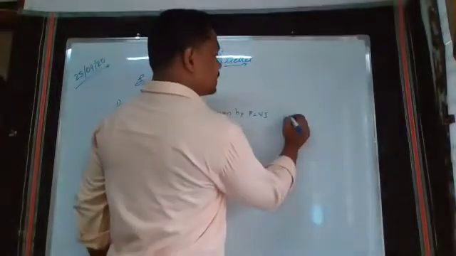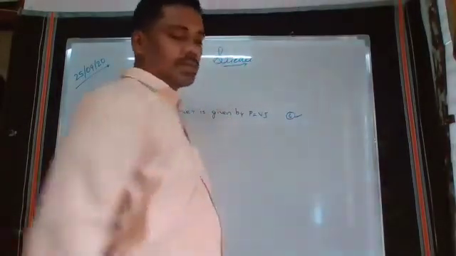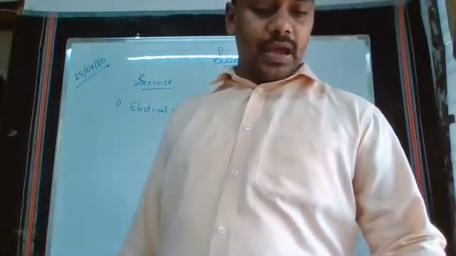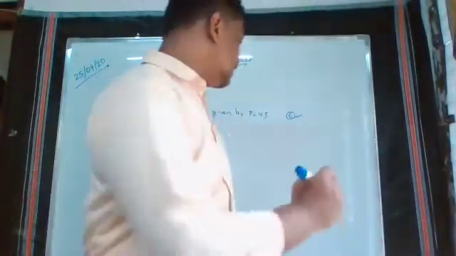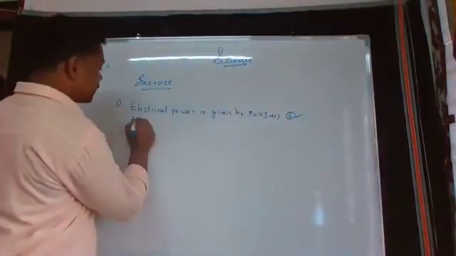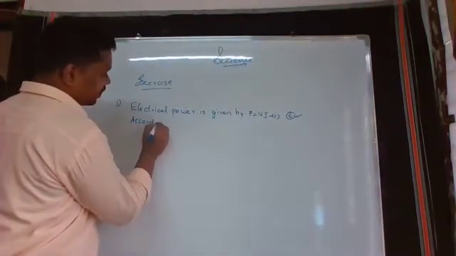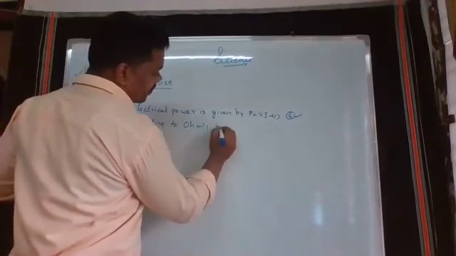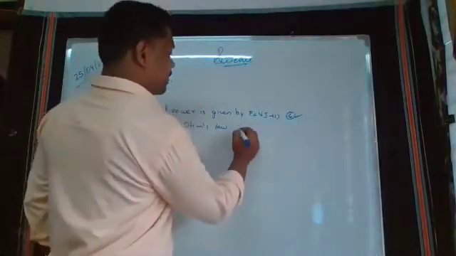C is related to power. Then according to Ohm's law, that one we are taking as equation number 1, and according to Ohm's law, V is equal to IR.